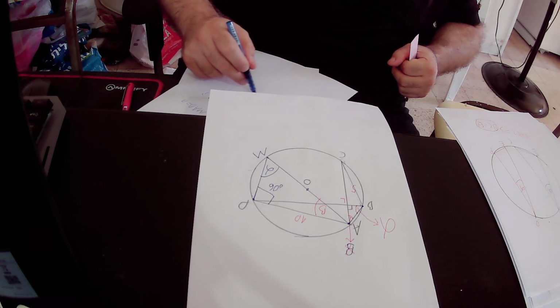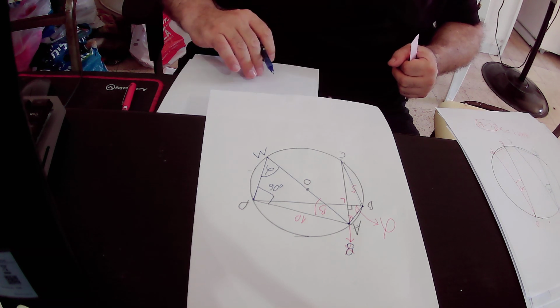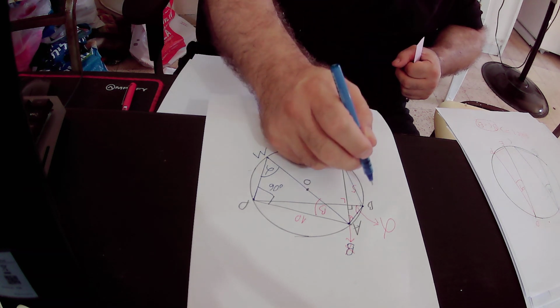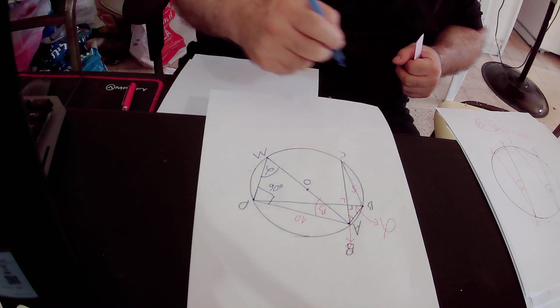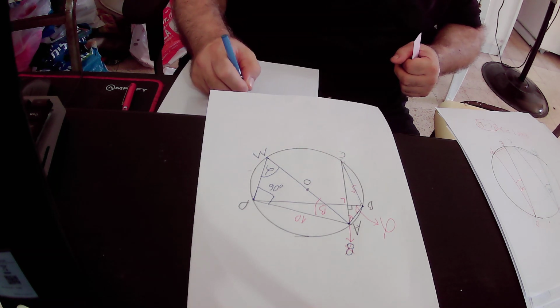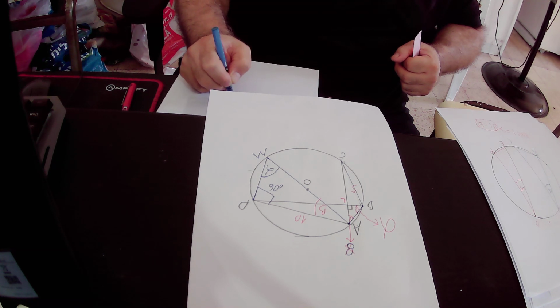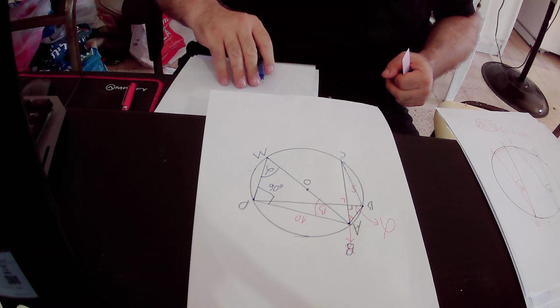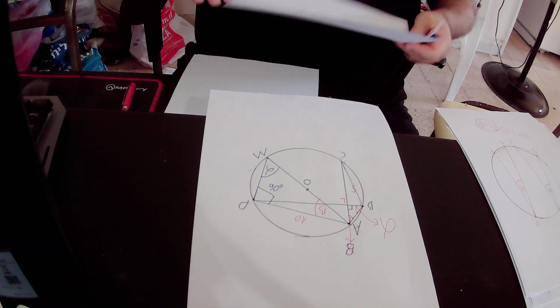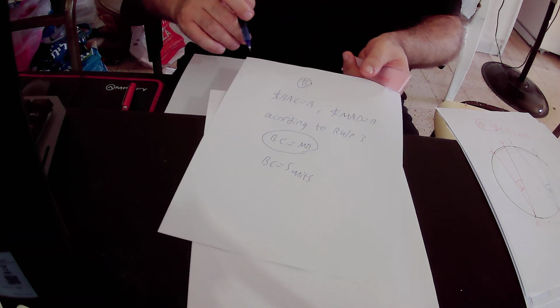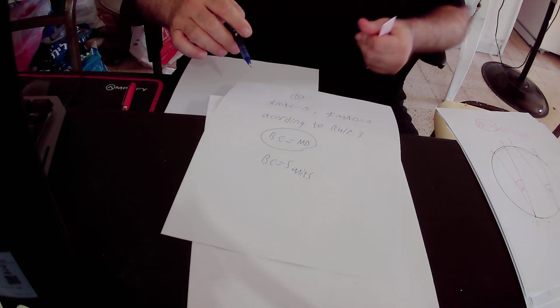But it is given in the question that chord BC equals 5 units.